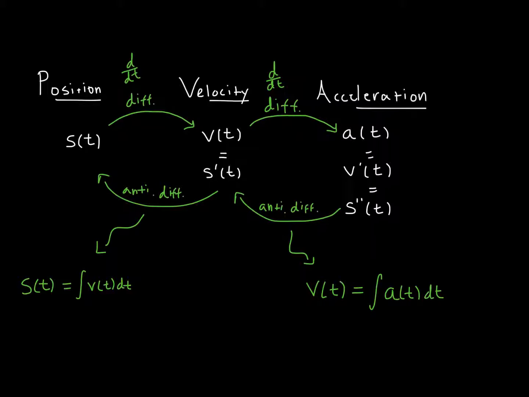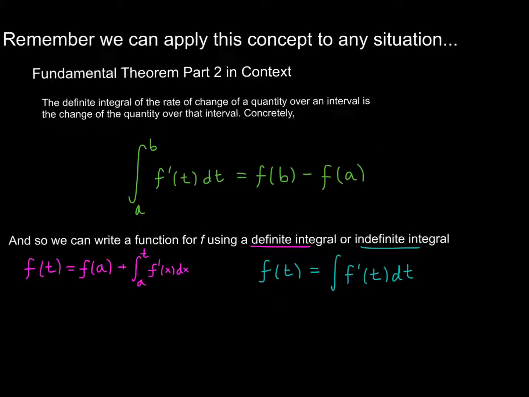And so it's important to keep in mind that we can apply this to more than just position, velocity, and acceleration, because in life and on the AP test, there will be plenty of situations where we'll want to do this. So again, I'm going to put this up here because it's super important to remember that in general, the definite integral and the fundamental theorem of calculus allows us to apply integration in real-life contexts in this way.